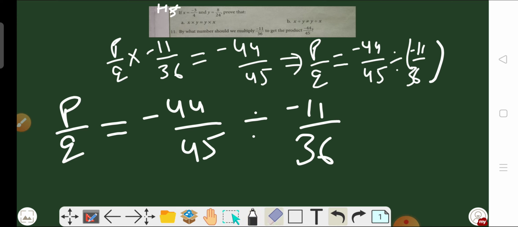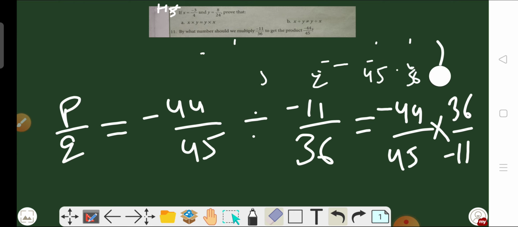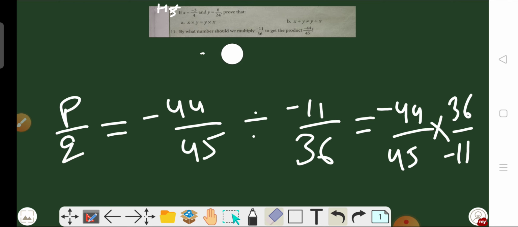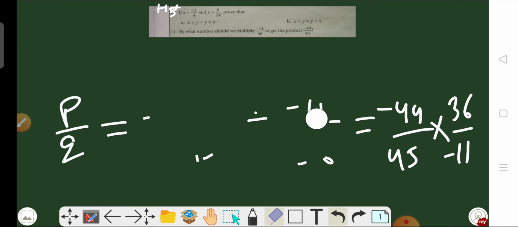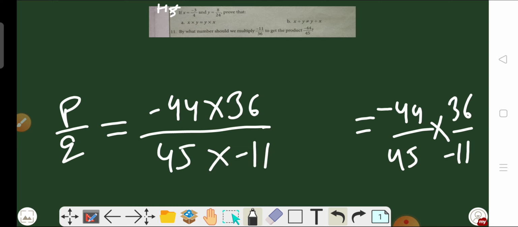So to find the value of p by q, we first convert the division into multiplication, and the second rational becomes 36 by minus 11. So p by q is equal to the product of minus 44 by 45 and 36 by minus 11, which is minus 44 multiplied by 36 divided by 45 multiplied by minus 11.